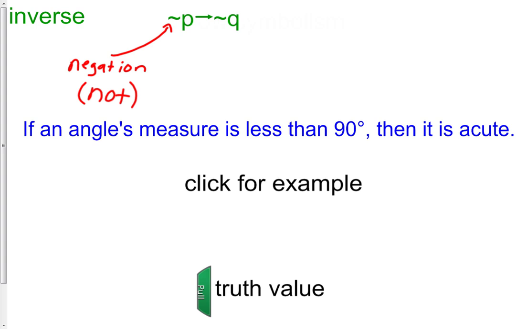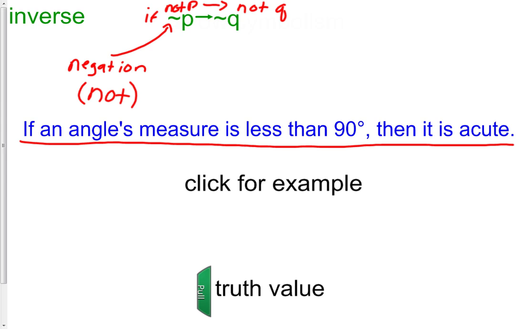So the conditional statement is if P, then Q. The inverse is if not P, then, the arrow means then, not Q. So our conditional statement was right here, right? So our inverse statement, if an angle's measure is not less than 90 degrees, then it is not acute.